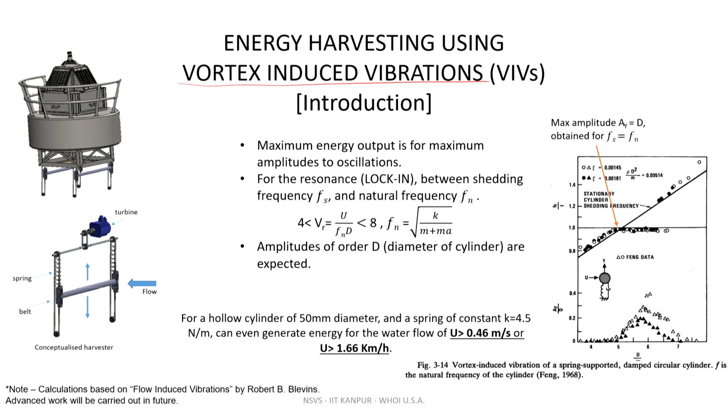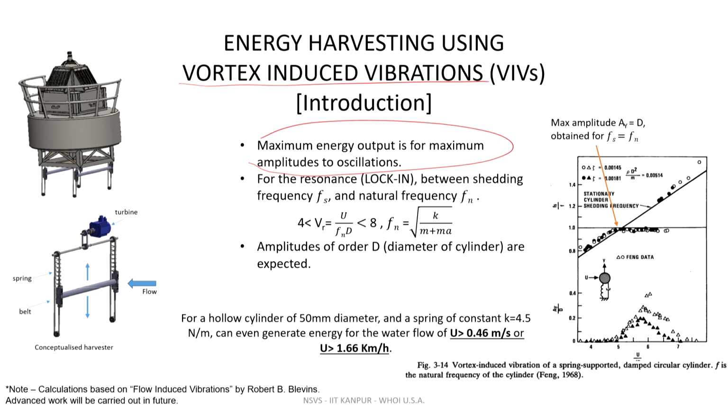So, if you have one or two or four of them hanging from the leg, then they start to vibrate, and as they vibrate, they are able to generate energy into the system.